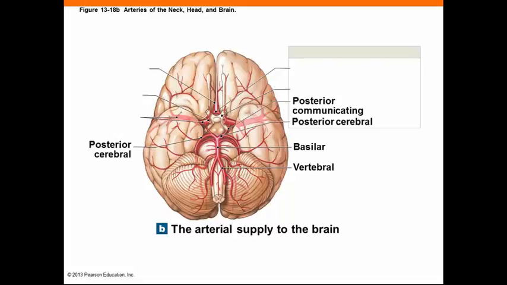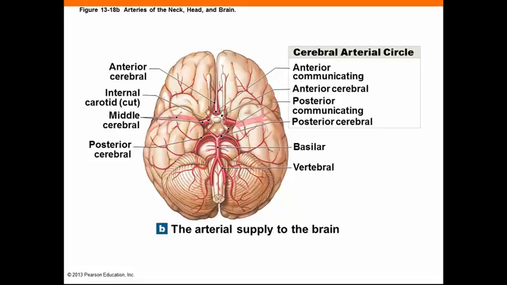The basilar artery then gives rise to the posterior cerebral and posterior communicating arteries, which tie into the internal carotid. And with its branches form the cerebral arterial circle, or the circle of Willis, which is a ring-shaped anastomosis, which reduces the likelihood of an interruption of blood supply to the brain.